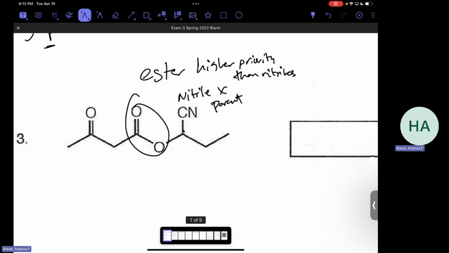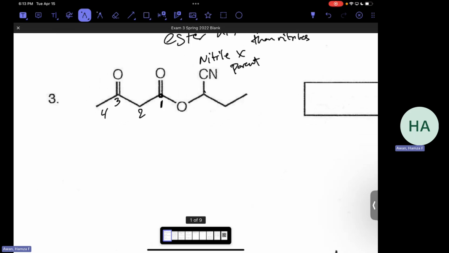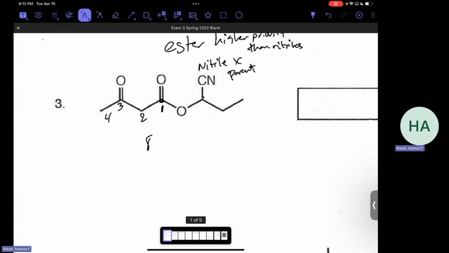And I'll show you why that's important, right? The side that doesn't have the ester oxygen on it is going to be our parent chain. So we'll start with this numbering: 1, 2, 3, and 4. And so that's going to be our butane parent chain.